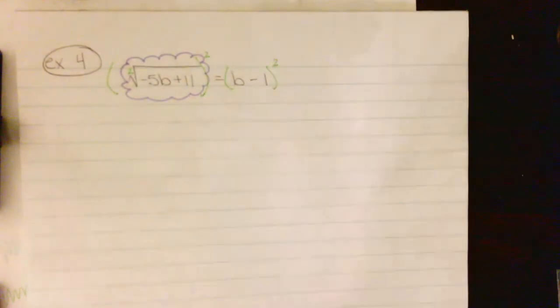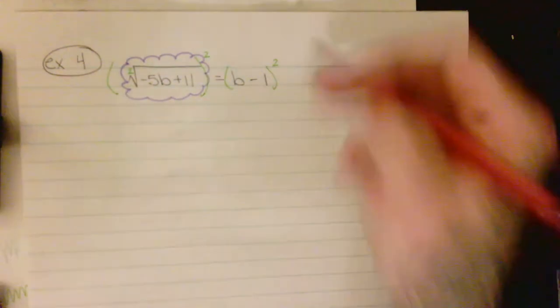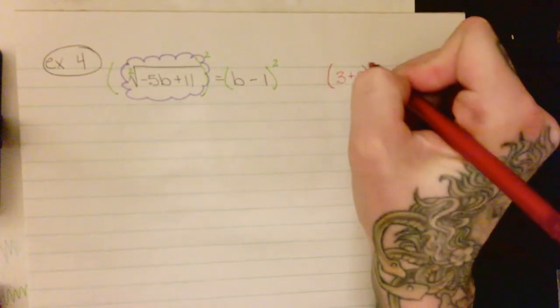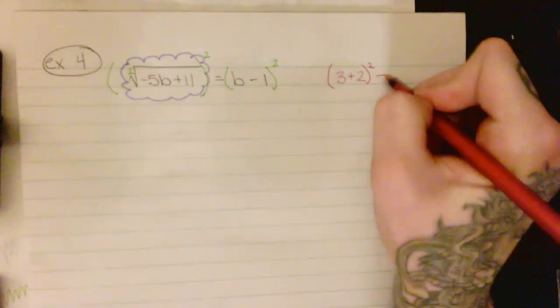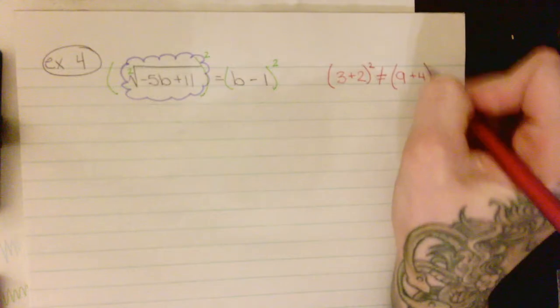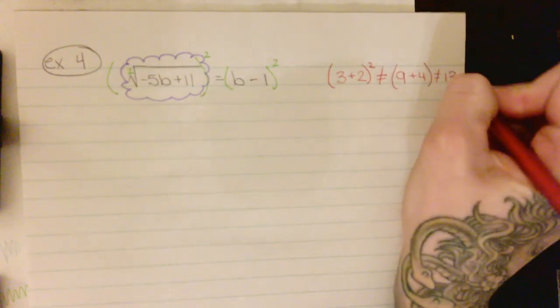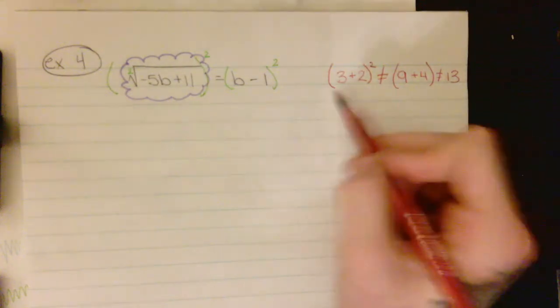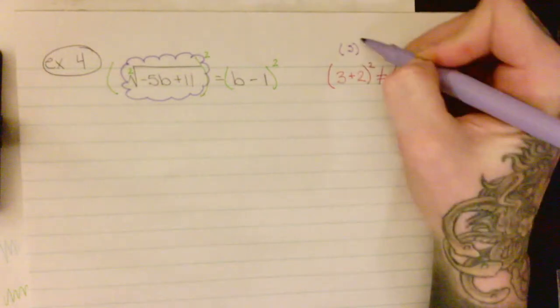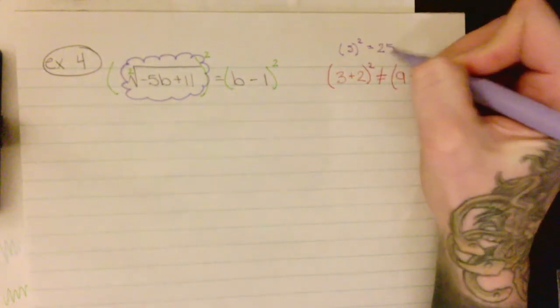So I'm going to take a look at the root, which is a 2. I'm going to raise both sides to the power of 2. Now, for the exact same reason that this does not equal 9 plus 4, because I know 3 plus 2 is 5, and 5 squared is 25.